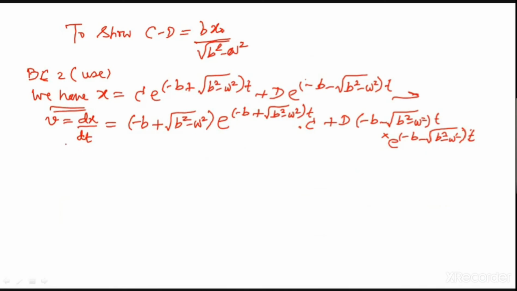Now you apply the condition, that is v naught at t is 0.